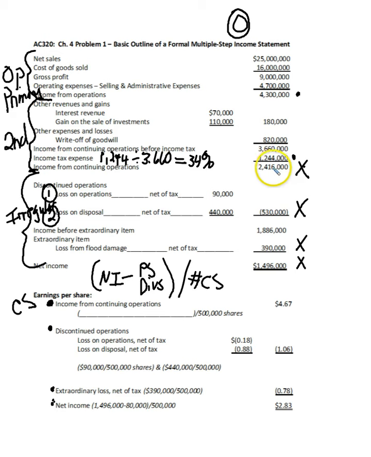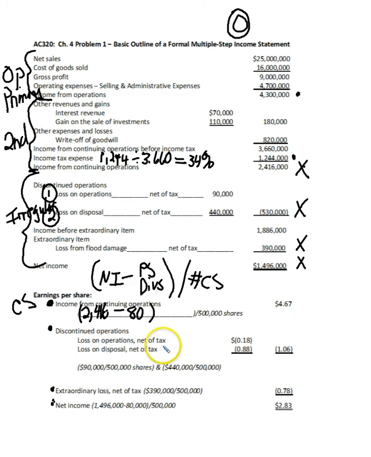So we're going to take this 2,416,000. In the narrative, it tells you there was $80,000 of a dividend, and again, I'm leaving out the 3 zeros. So 2,416,000 minus 80,000, and then if you take that number, divide by 500,000, you get this $4.67.